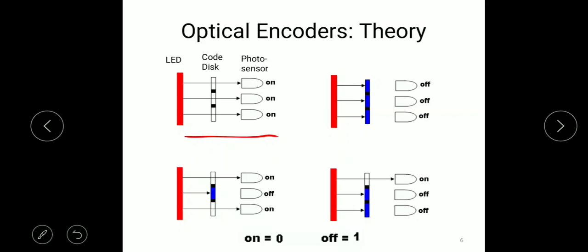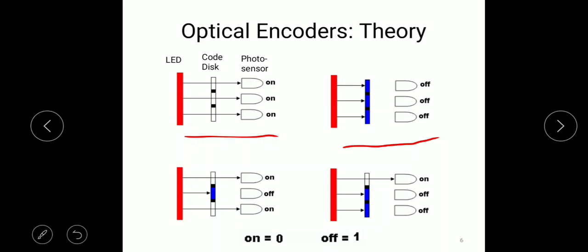Similarly, in the second picture, none of the LED light is transmitted by the coded disc, therefore the photosensor output will not be generated, so it will be in off condition.